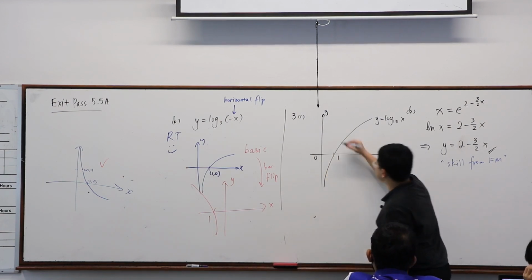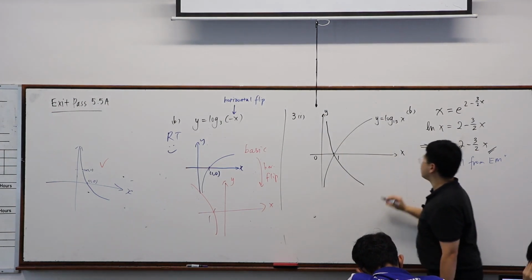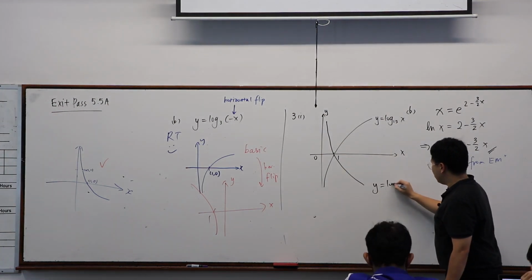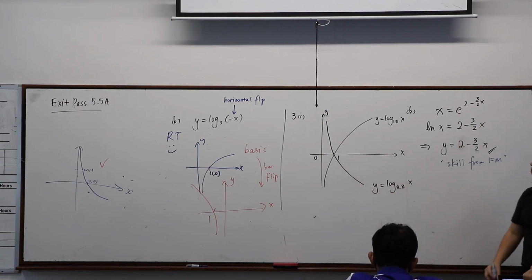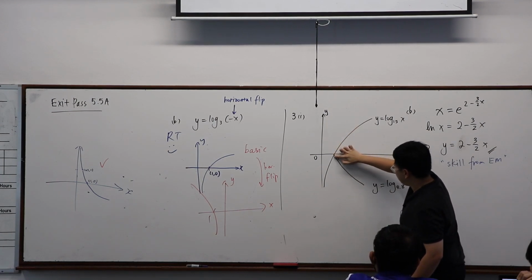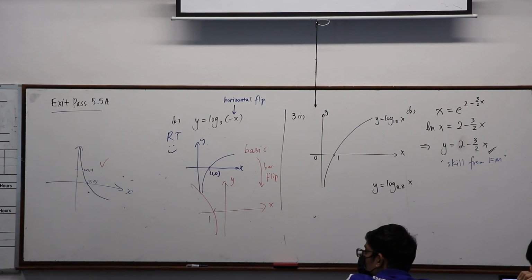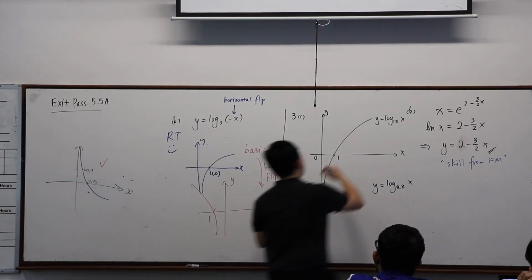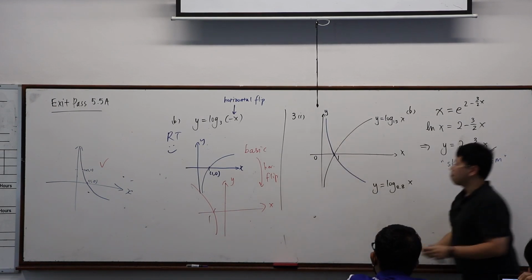So it will look something like this also. So y equals log base 0.8 of x. So take note, this is line number 1. I draw with different colors so that we can see.